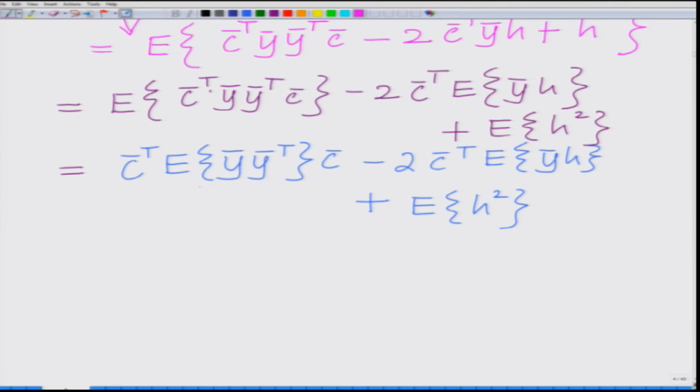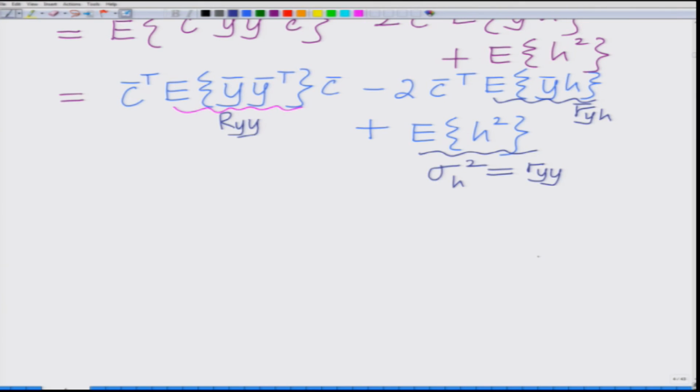Now, realize that the expected value of Y bar Y bar transpose is nothing but your R_y. Expected value of Y bar H is a vector r_yH. Expected value of H square is simply sigma H square, which we can also denote by R_h.